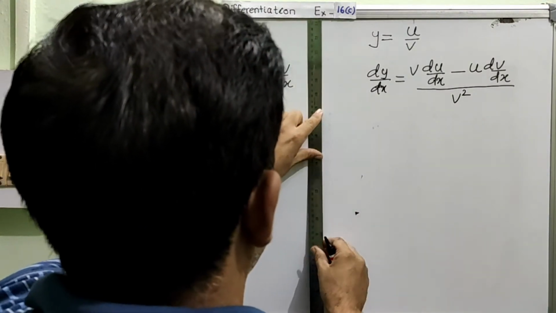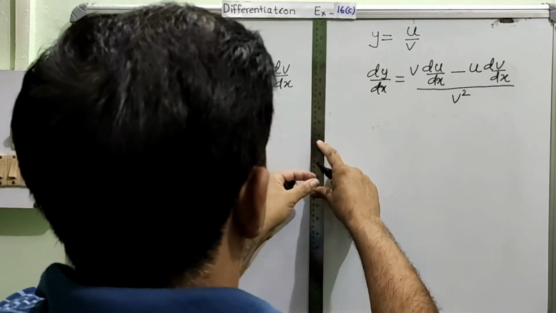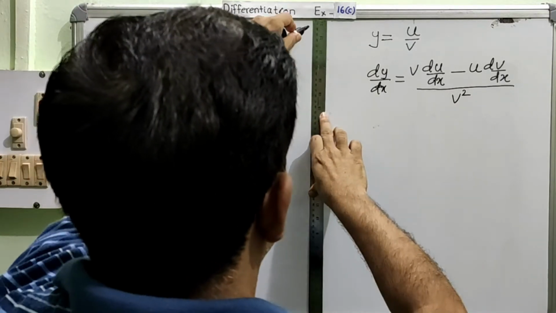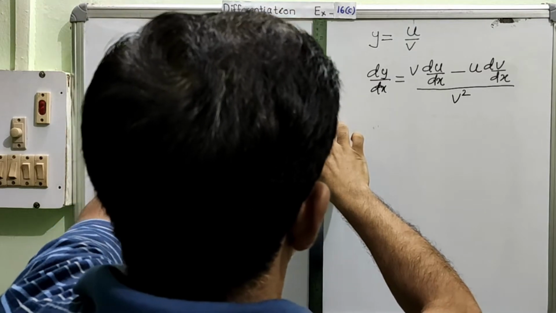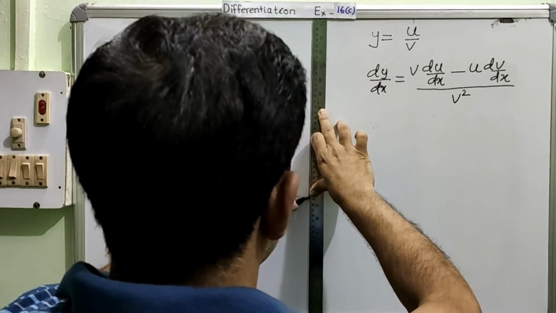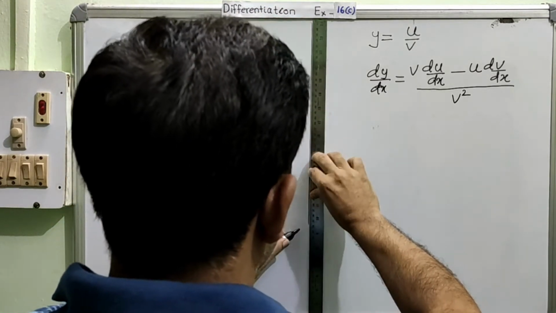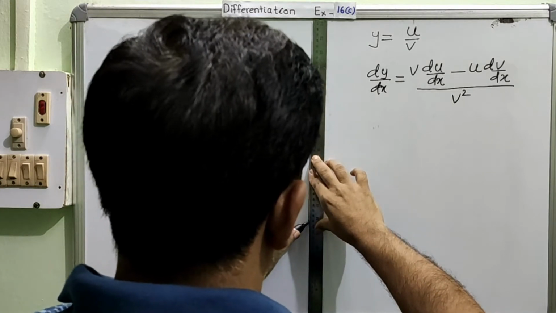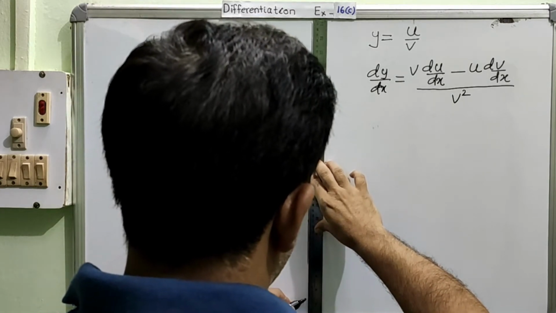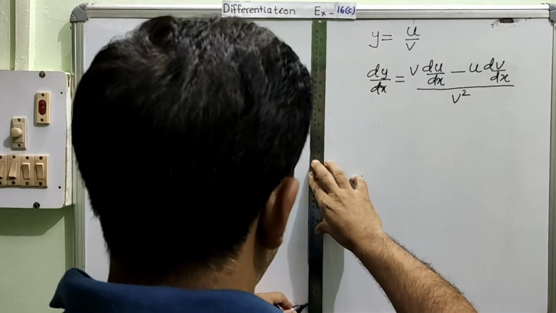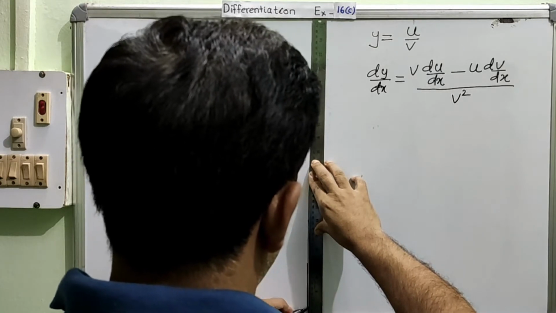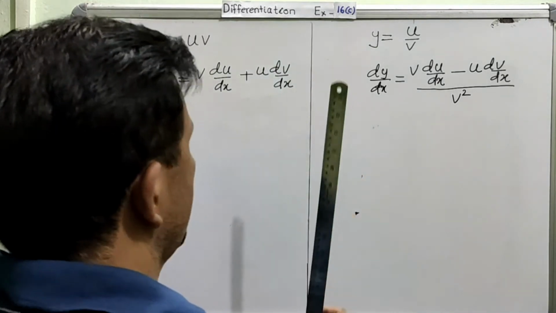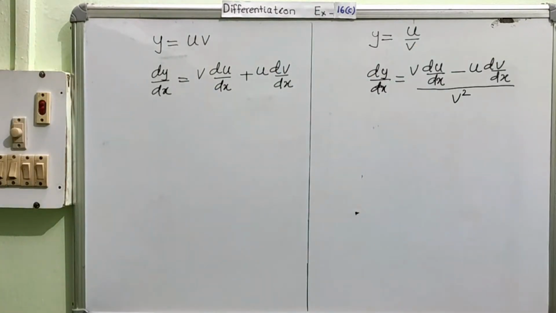I will make a division. On one side I will show you the product law quotients, and on the other side I will show you the quotient law quotients, so that you will get a very clear picture. So I made the division. This division will give you a more clear picture. At the same time, one by one, we'll be taking one question each time.